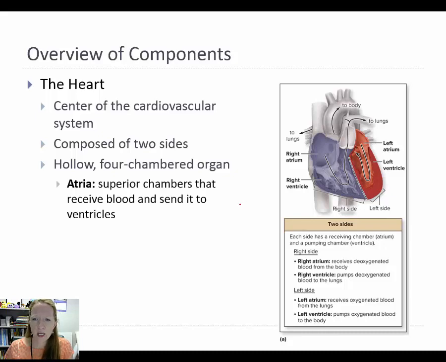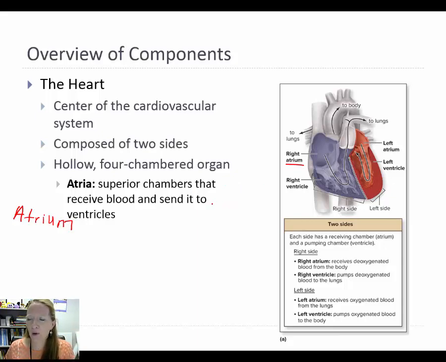So the upper chambers, or superior chambers, are going to be the atria. If you want to say one single atria, it's going to be atrium. That's the singular form of atria. What they do is they are actually going to receive blood.